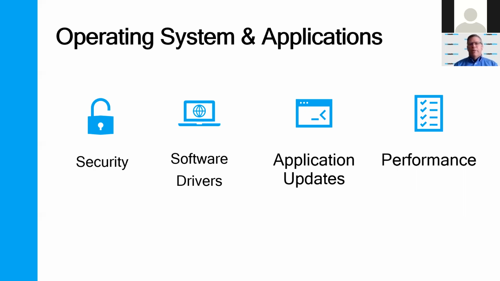It's very important that these stay as current as possible, primarily for security reasons, but also for performance. If you're running Office 2007, it's not going to be of the quality that the latest version is, and it's going to perform poorly on a modern network. If you're running QuickBooks, you can decide: do I run QuickBooks in the cloud? Do I run it locally?